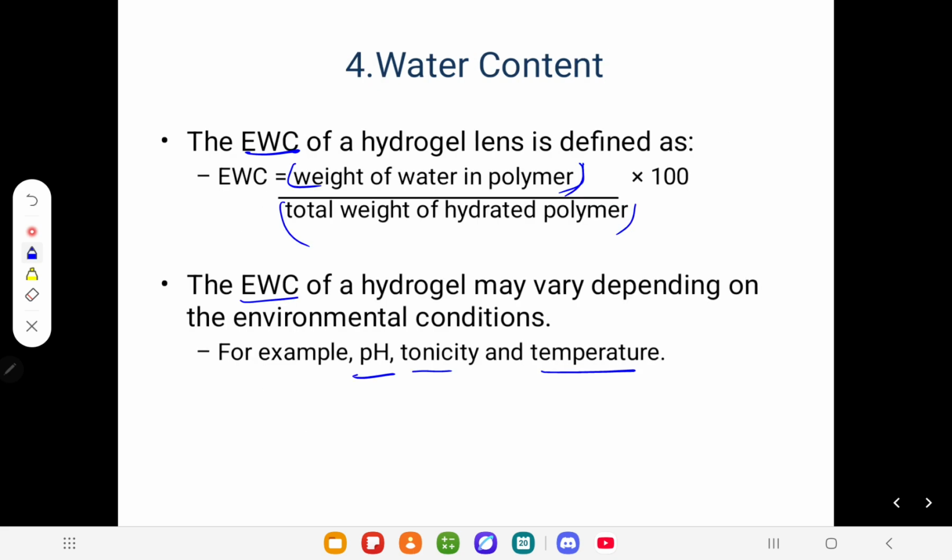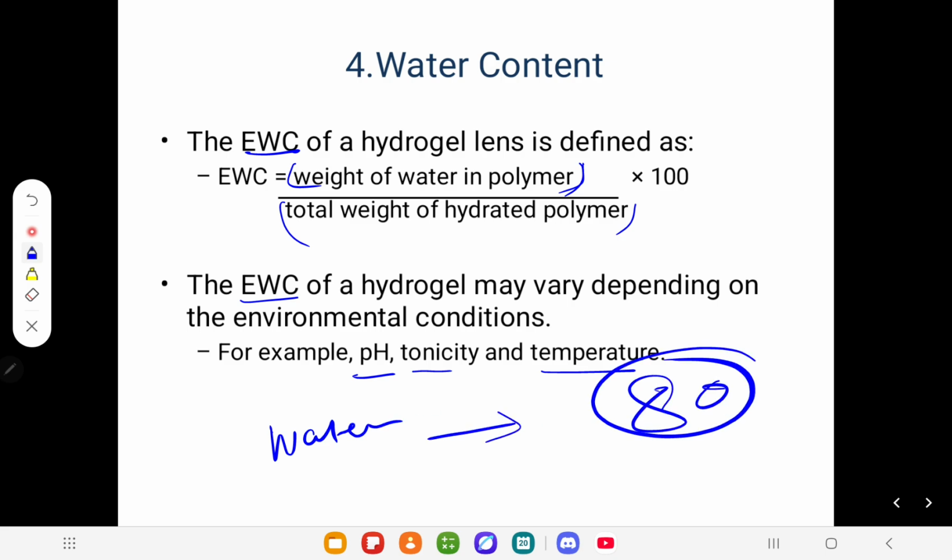Another point I want to make is, see, water itself has Dk of around 80. So is it possible that a hydrogel contact lens has a water content of like 75, up to nearly 80, not exactly 80?